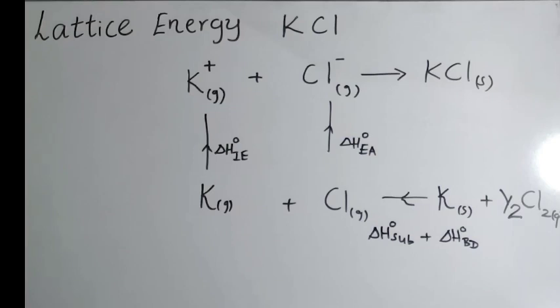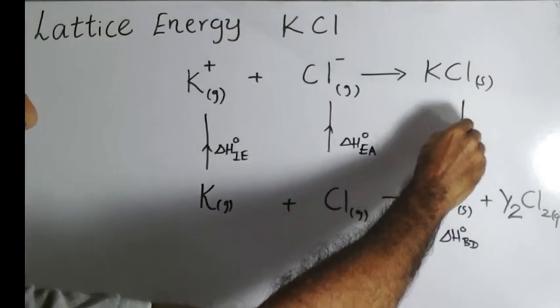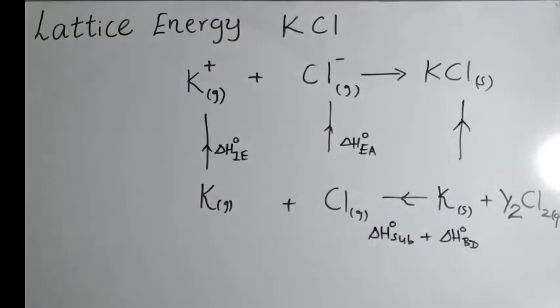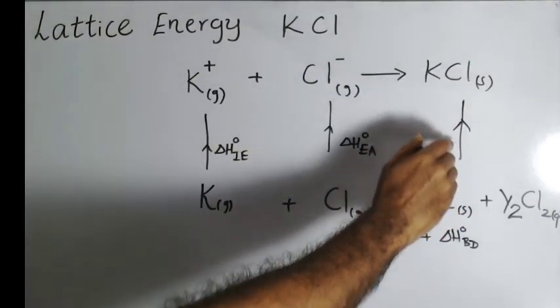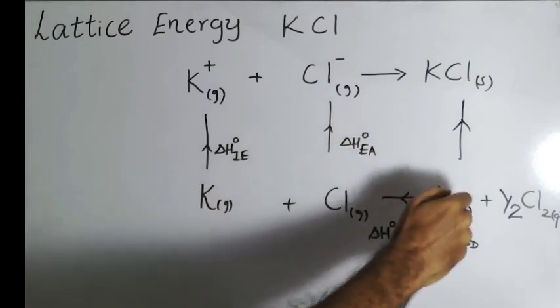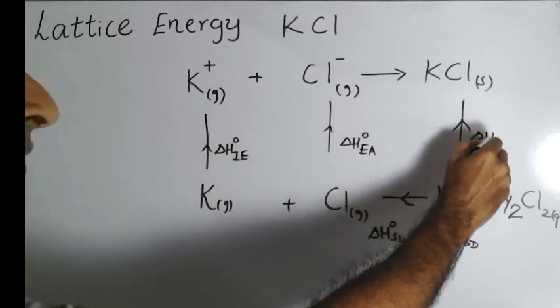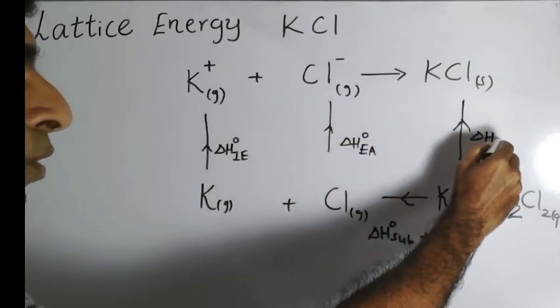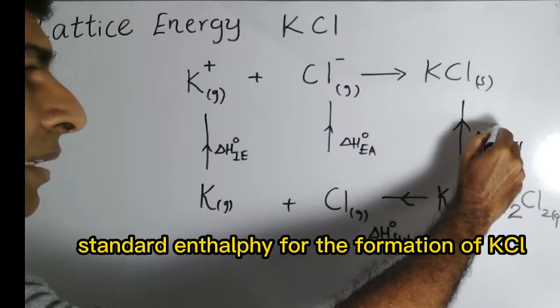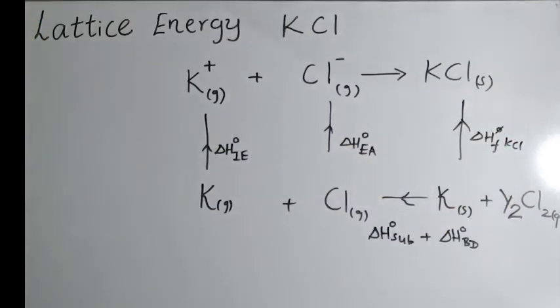When solid potassium and gaseous chlorine react, they can form solid potassium chloride. Now this is the normal reaction we are familiar with. This should involve delta H, the enthalpy of formation of potassium chloride. Now I think you have a good idea about how to build up this Born-Haber cycle for a particular type of ionic compound.